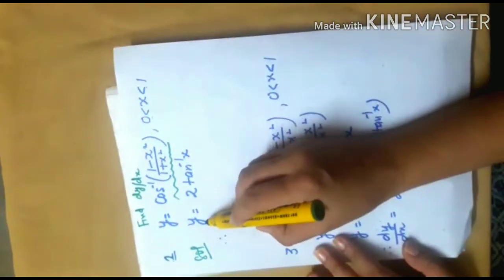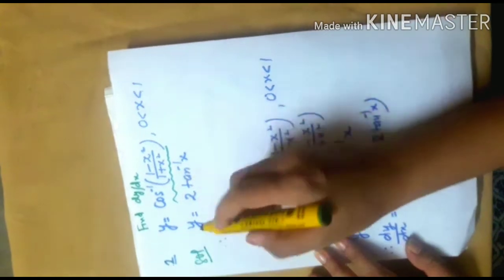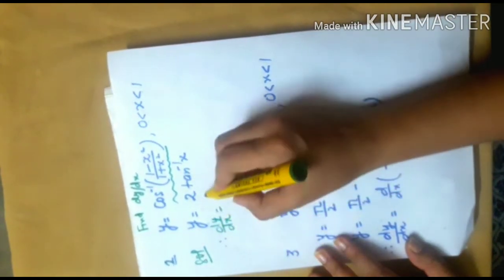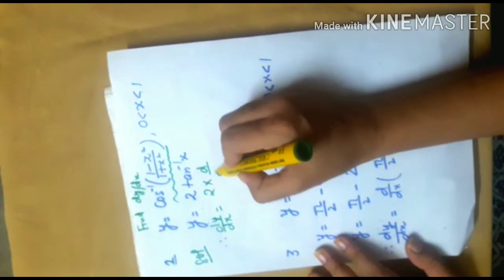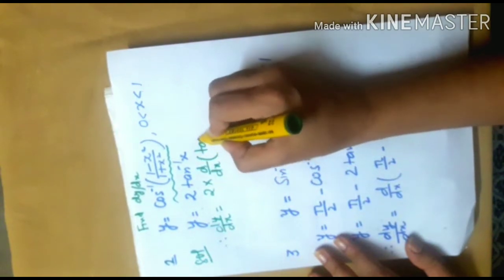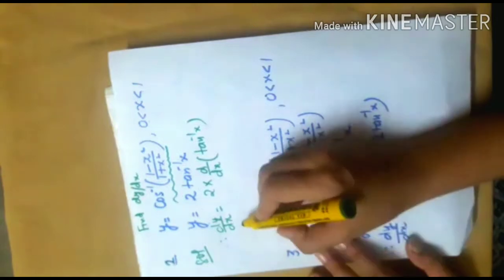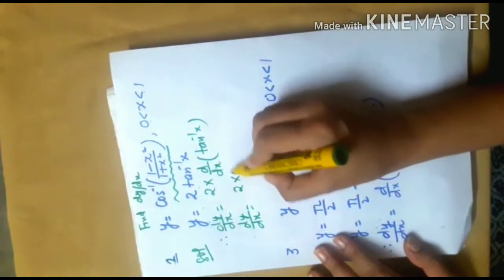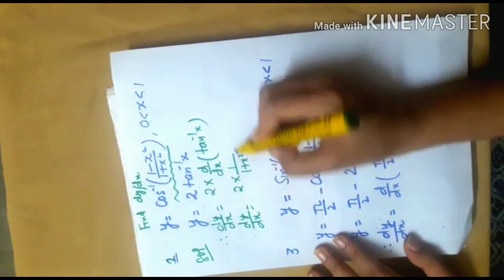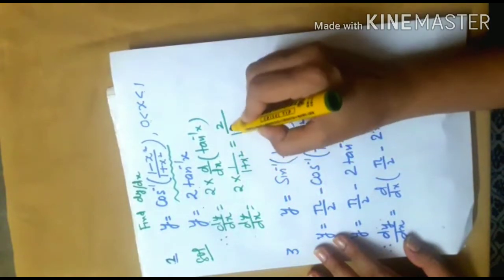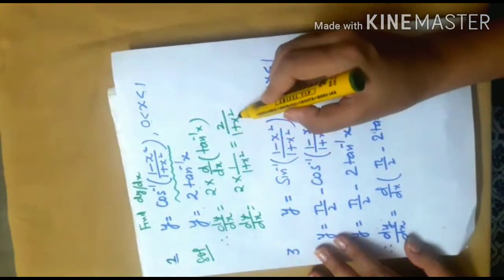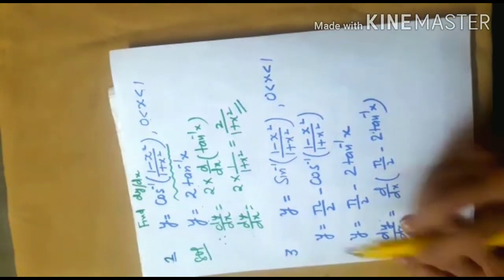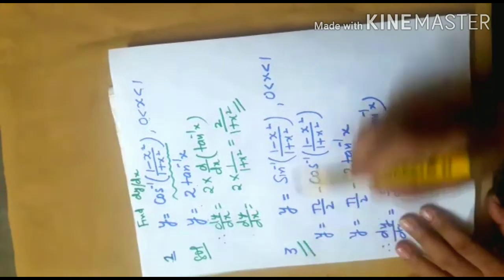So here I'll get y is equal to 2 tan inverse x. Therefore, dy by dx will be equal to 2 into d by dx of tan inverse x. And the derivative of tan inverse x is 1 over 1 plus x square. So I'll get 2 over 1 plus x square.